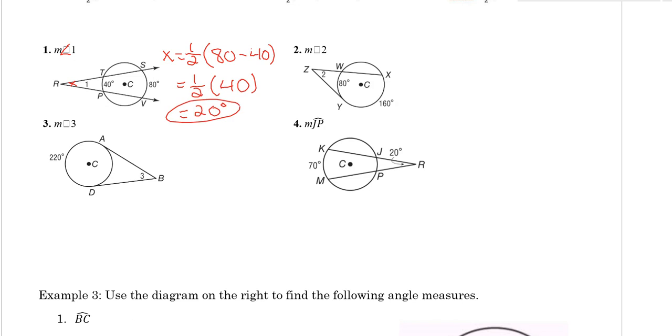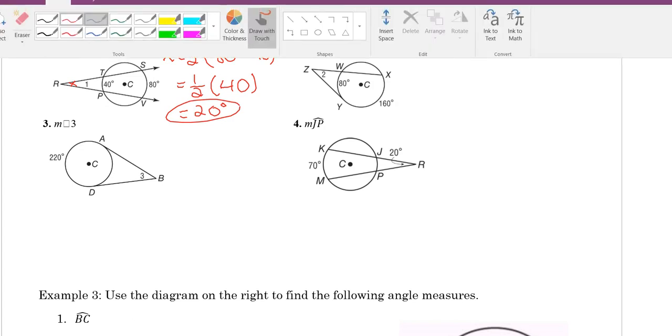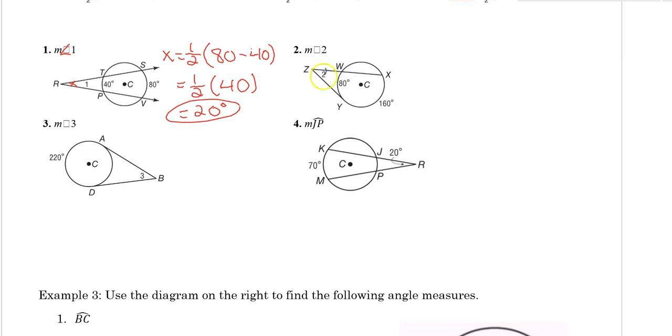Same thing here for angle 2. X equals 1/2 times bigger minus smaller. One half times 80 is 40 degrees.